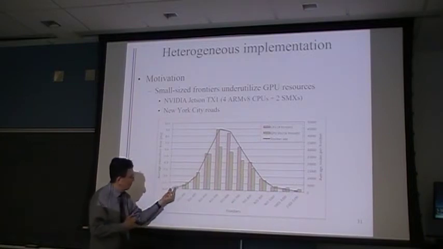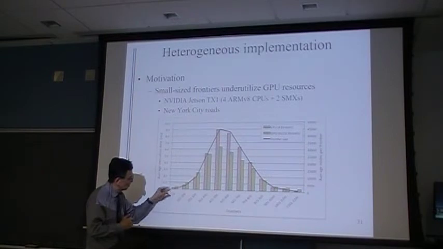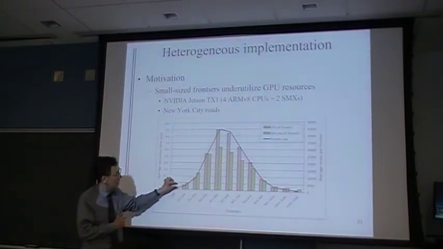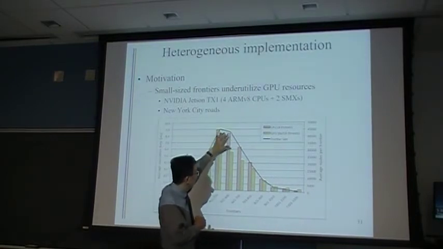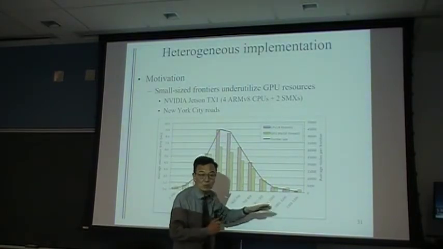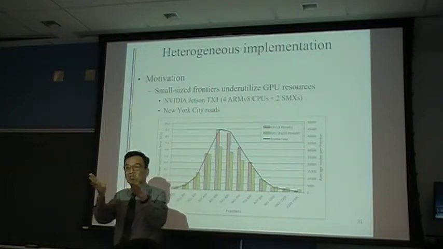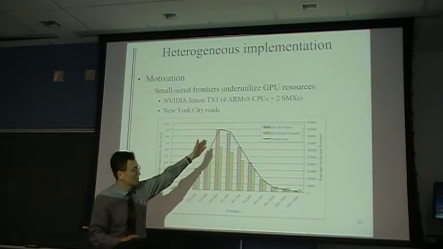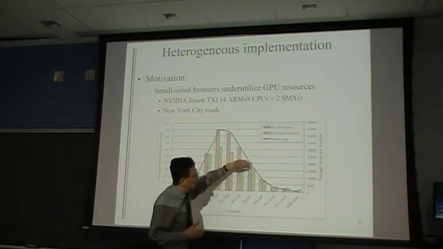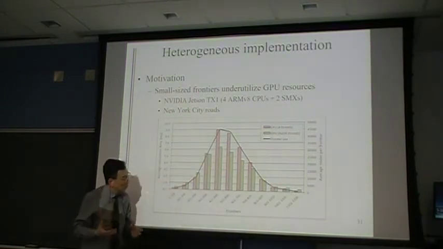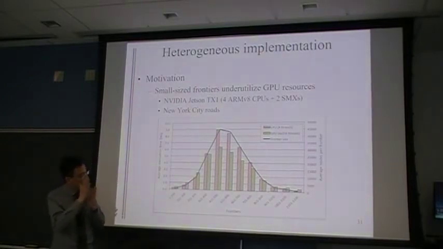Because these are small frontiers at first, the execution time is much smaller, and then the frontier grows, and eventually the frontier will start to shrink because you're running out of unvisited nodes, right? So for breadth first search, this is a very typical profile of the amount of work that you need to do for each segment of your execution history.